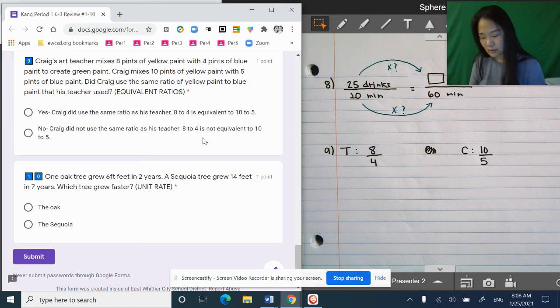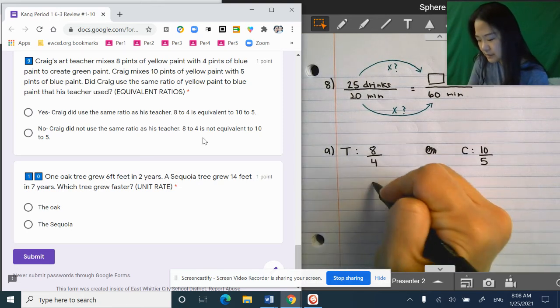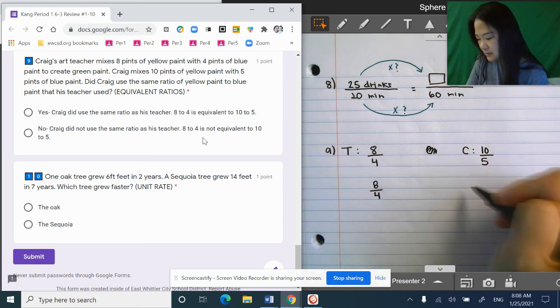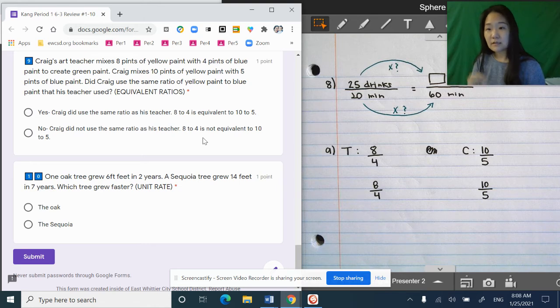Let me actually solve this problem using both of the ways. So I'm going to write it twice, and use both the simplifying method and the equivalent ratio method.